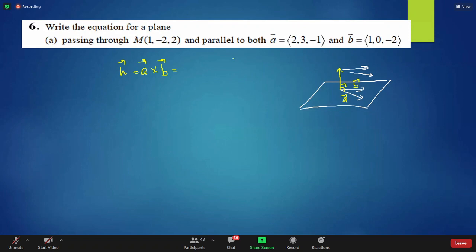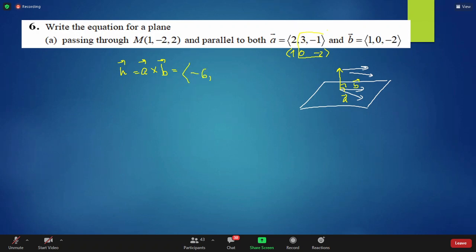So let us see, 2, 3, minus 1 and 1, 0, minus 2. Let's find the vector product. The first coordinate: we pretend to cross out the first coordinates, use only the remaining part, the second and third coordinates. So the first coordinate would be minus 6 minus 0, that's minus 6.